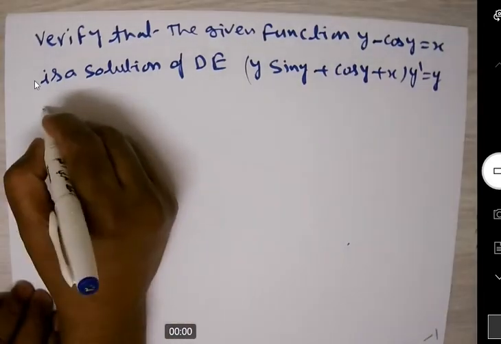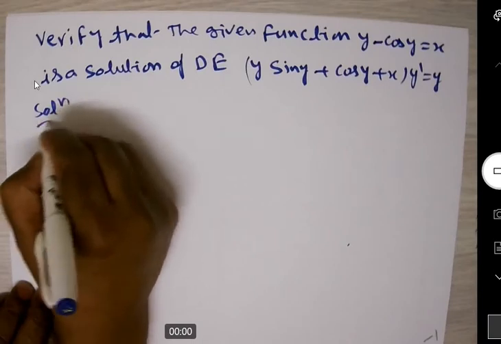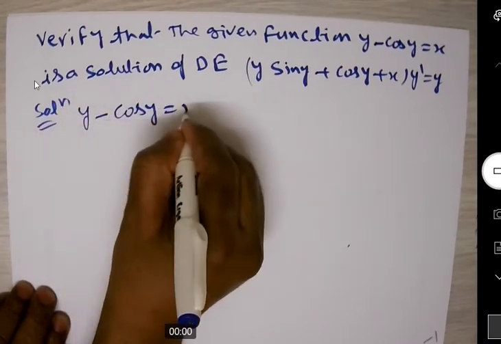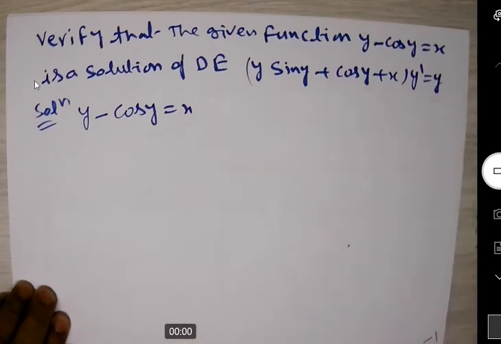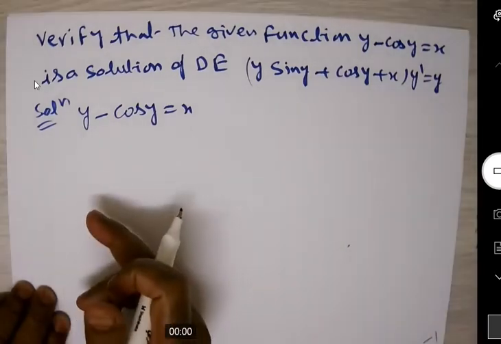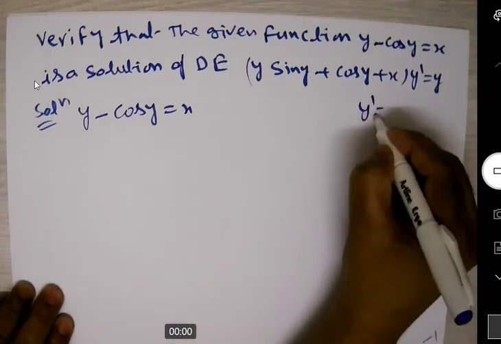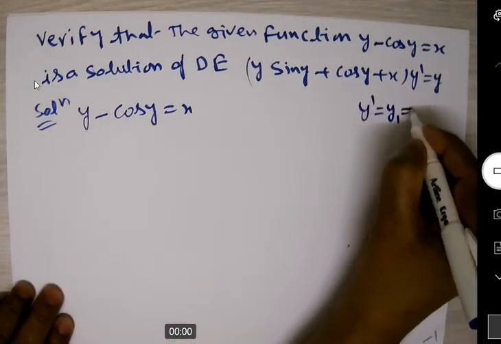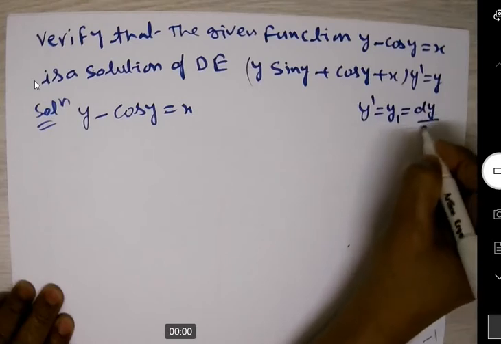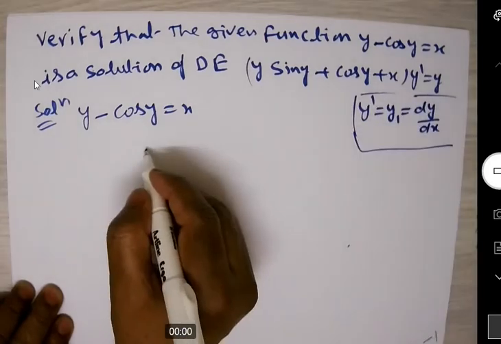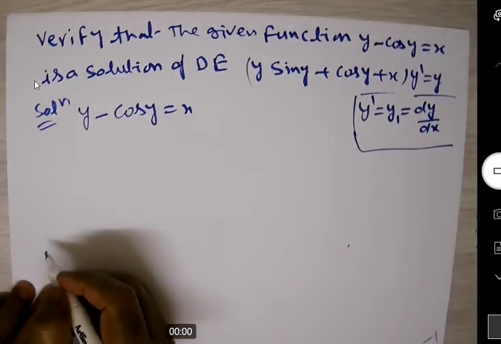The given function is y minus cosine of y equal to x. Here y dash means y1, or dy by dx, the first derivative.